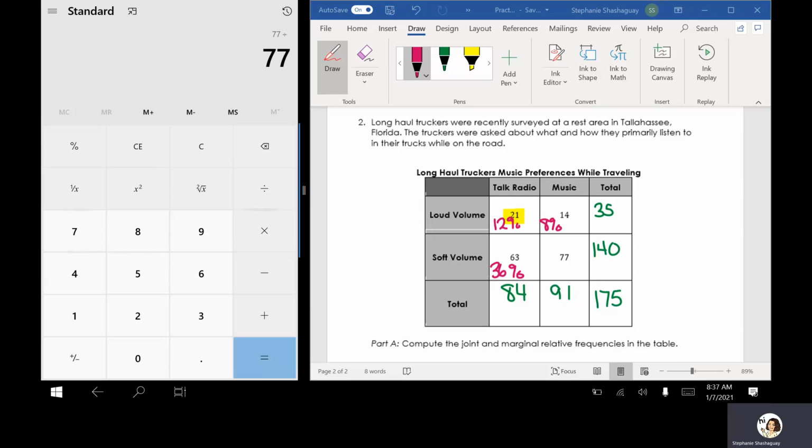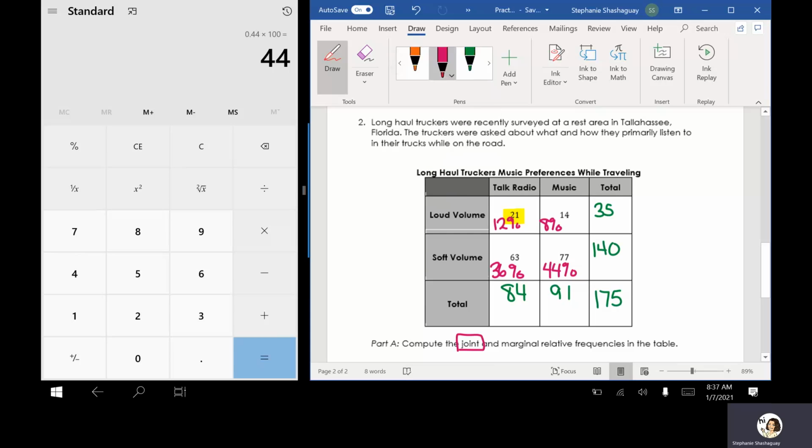We divide that by 175, our total, and get 0.44, multiplied by 100 to get our percent. And we get 44%. All right, all of our joint relative frequencies are now done.